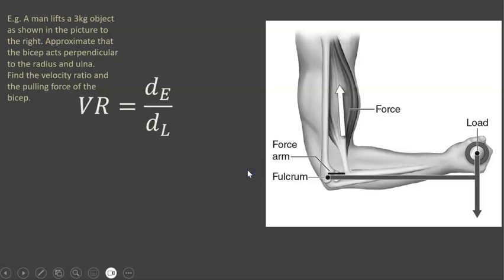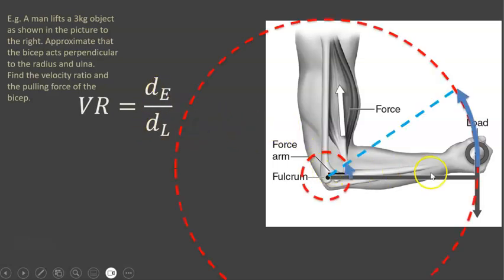The velocity ratio, by definition, is the distance moved by the effort, divided by the distance the load moves up. That muscle is going to pull the arm up some distance. Now I haven't given you any distances which these things move, so we need to look at this problem in more detail. It's not the actual distances which matter, it is the ratio of the distances.